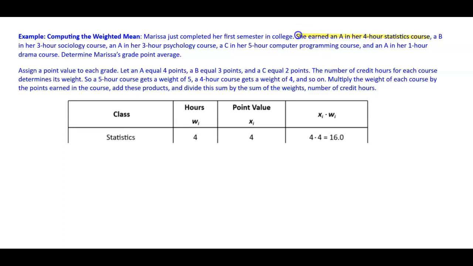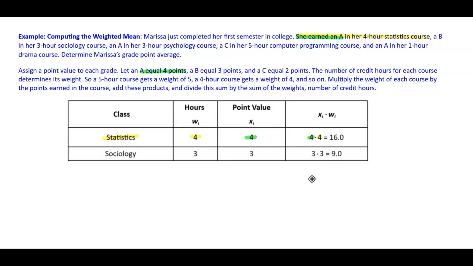The statistics course had a weight of 4 hours, and the A represents 4 points. So we take the 4 and multiply it by the weighted hours. 4 times 4 gives us 16.